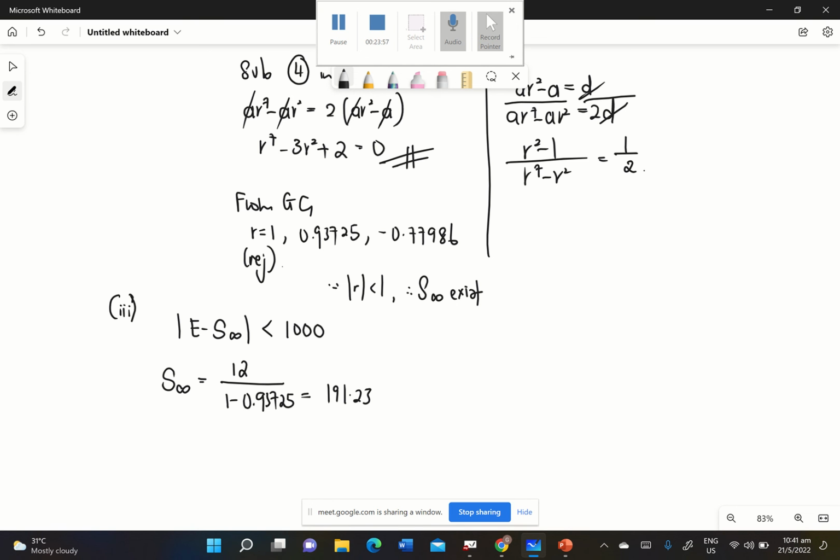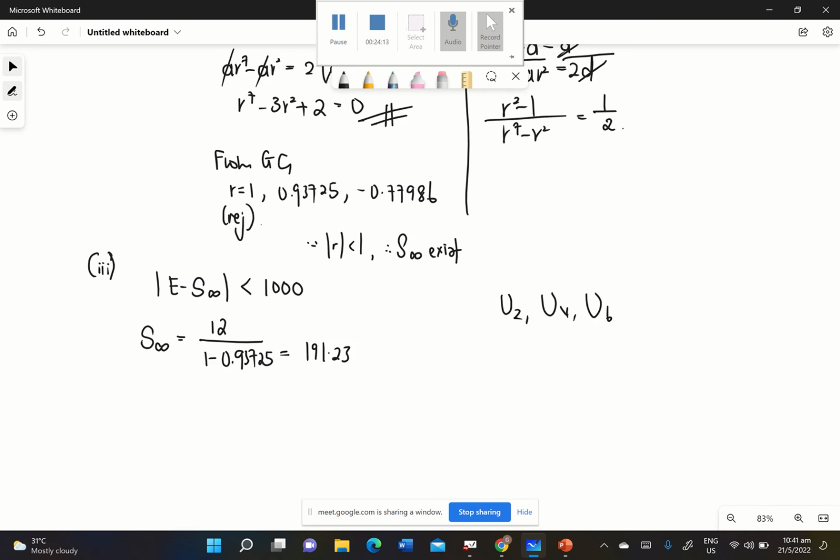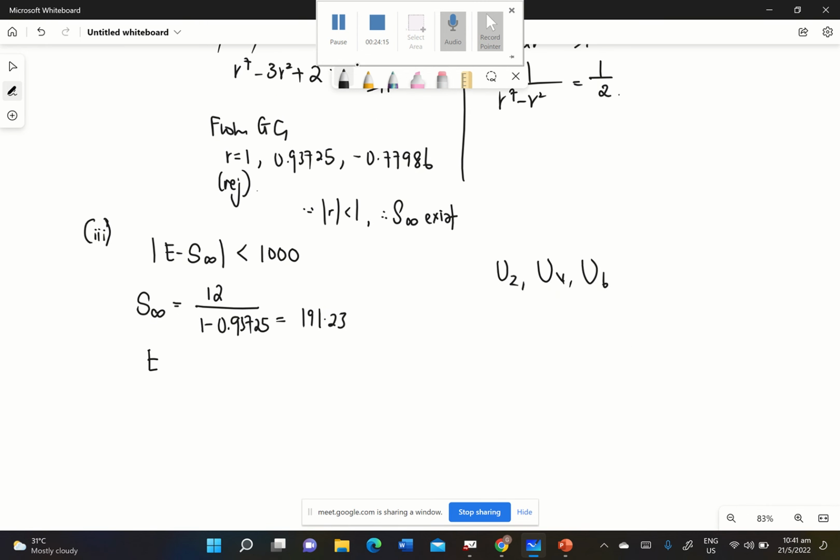U2, U4, U6, which means the first term in this entire series will be U2, correct? So I'm trying to find the sum, which is E. The formula is Sn equals n over 2, 2a plus n minus 1 d. n will still stay as n, because I'm looking at n terms.